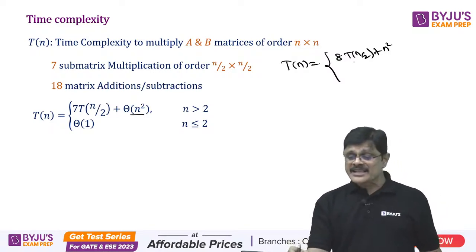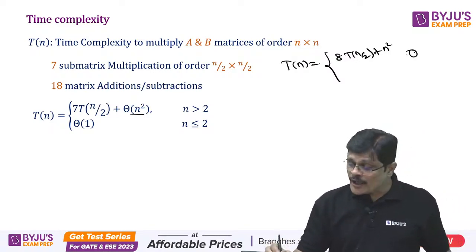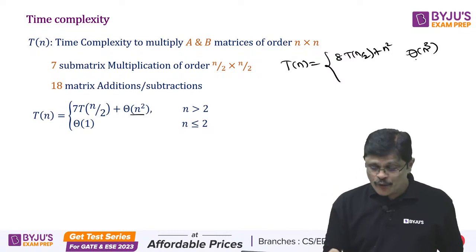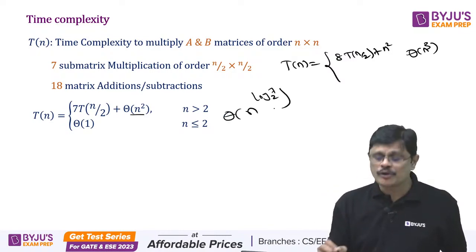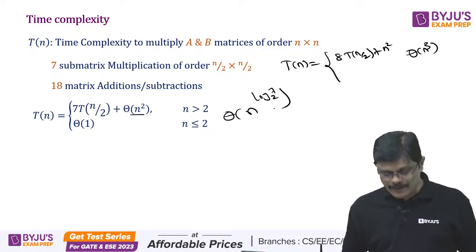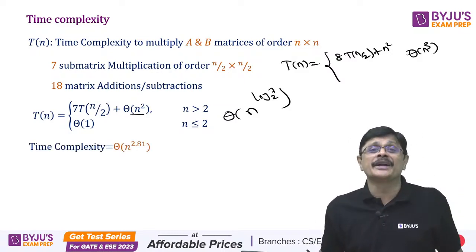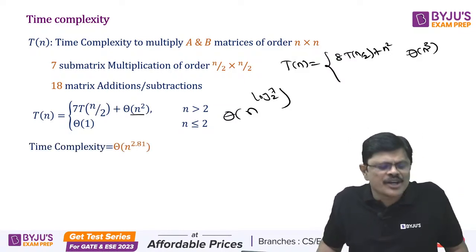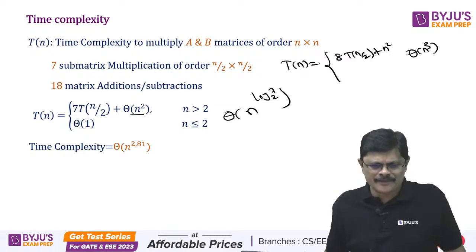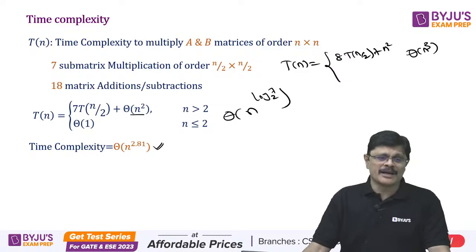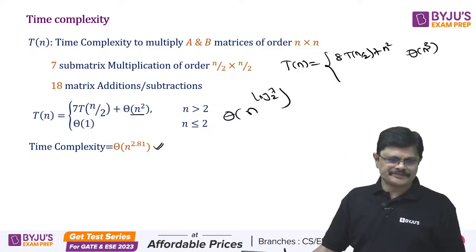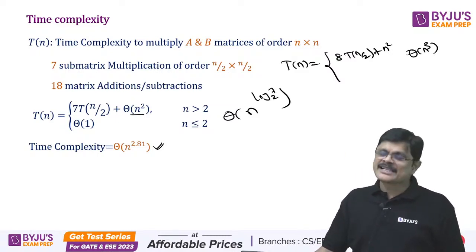See, the advantage is, without it, it takes order n cube complexity. But if you use this method, it will take order n power log 7 to the base 2 complexity. Log 7 to the base 2 is nothing but n power 2.81. You got better complexity or not? That is the advantage of Strassen's matrix multiplication, my dear friends. Is the idea clear?